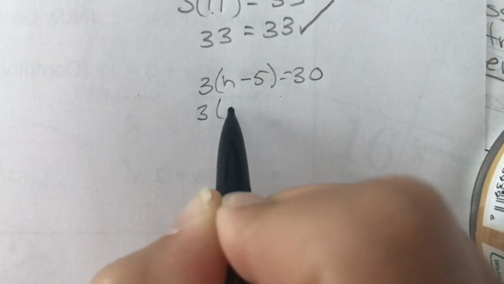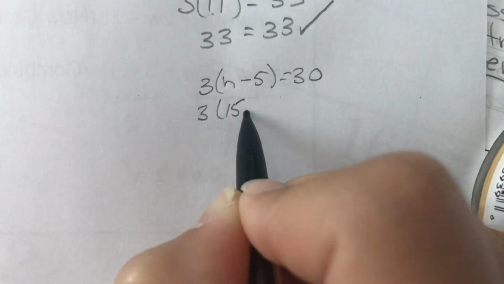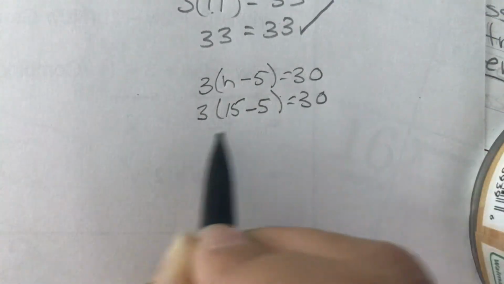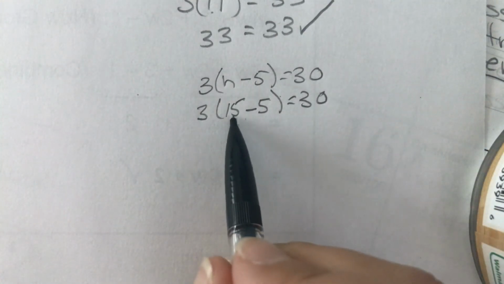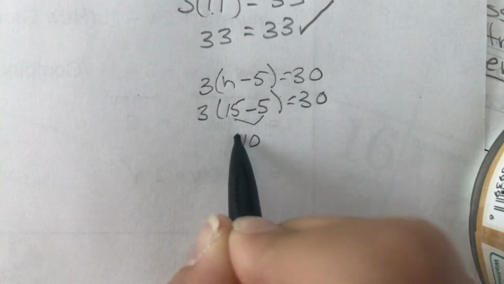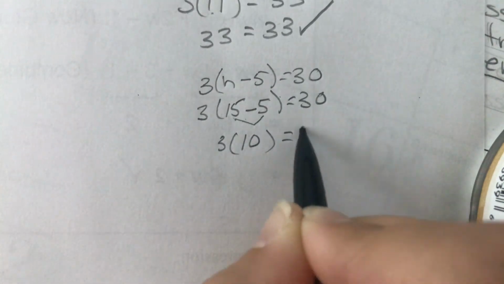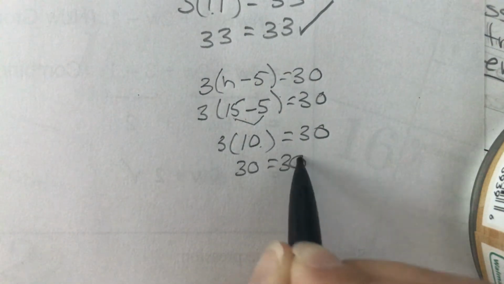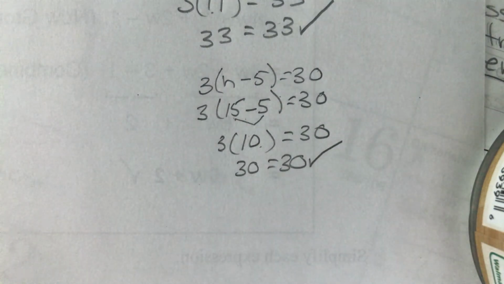I'm substituting in 15. Parentheses first, 15 take away 5 is 10. 3 times 10. I know I did it right.